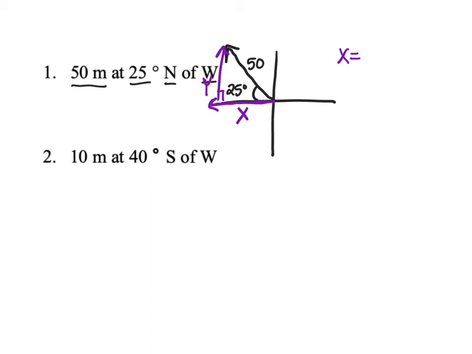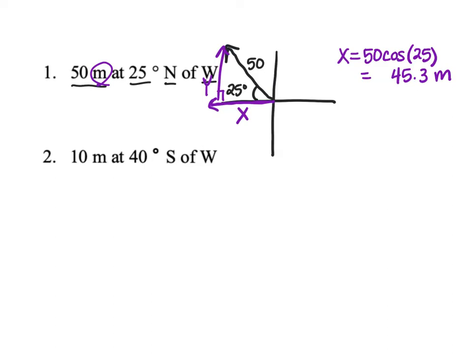So for X, it's going to be your hypotenuse, which is 50, times cosine of our angle of 25 degrees. When we type that in the calculator, we are going to end up getting 45.3, and our units here were meters, so we're going to keep that meters. And then the last thing we want to add to this is whether we need to add a positive or negative symbol to it.